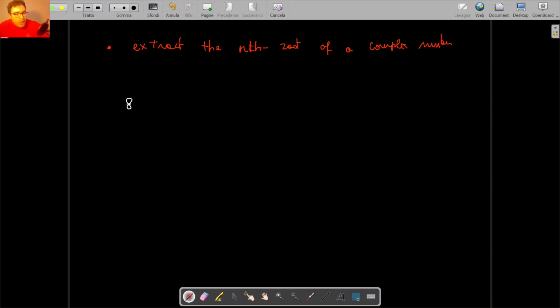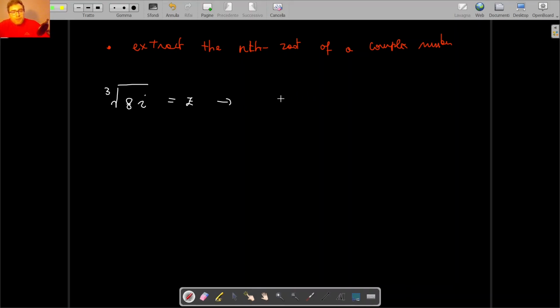We have 8i under the cubic root, and we want to know which number is actually equal to the cubic root of 8i. So this is the equation we have to solve.